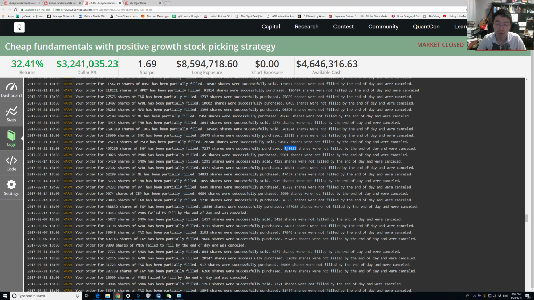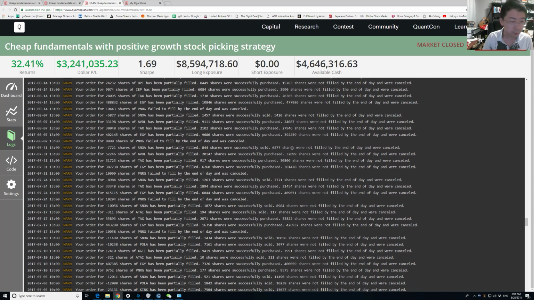Each position is $500,000, and then there's not enough liquidity. I think Quantopian assumes that you can actually participate in 4% of the transaction volume and not make a change in the market price. So that's what they use. So you actually get quite limited.